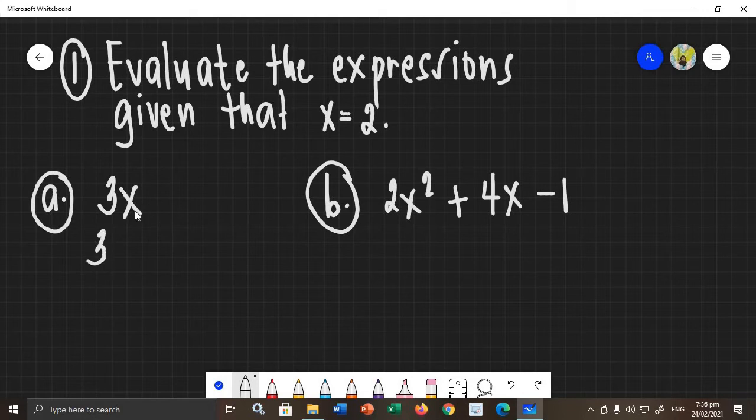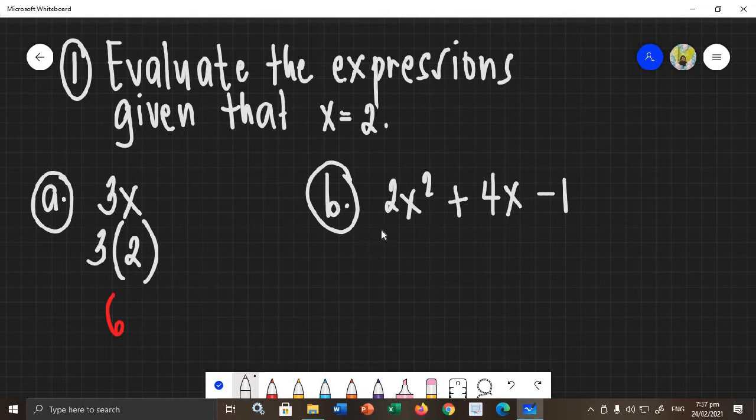So 3, and x is replaced with 2 in parentheses. The operation we need to use is multiplication, because the presence of parentheses indicates that you need to multiply. So 3 times 2, the answer here is 6. That's it.